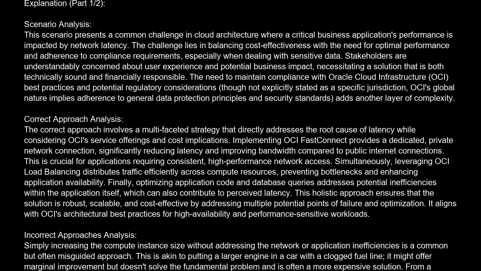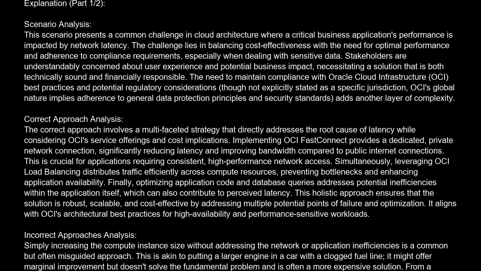Correct approach analysis. The correct approach involves a multifaceted strategy that directly addresses the root cause of latency while considering OCI's service offerings and cost implications. Implementing OCI Fast Connect provides a dedicated, private network connection, significantly reducing latency and improving bandwidth compared to public internet connections. This is crucial for applications requiring consistent, high-performance network access.